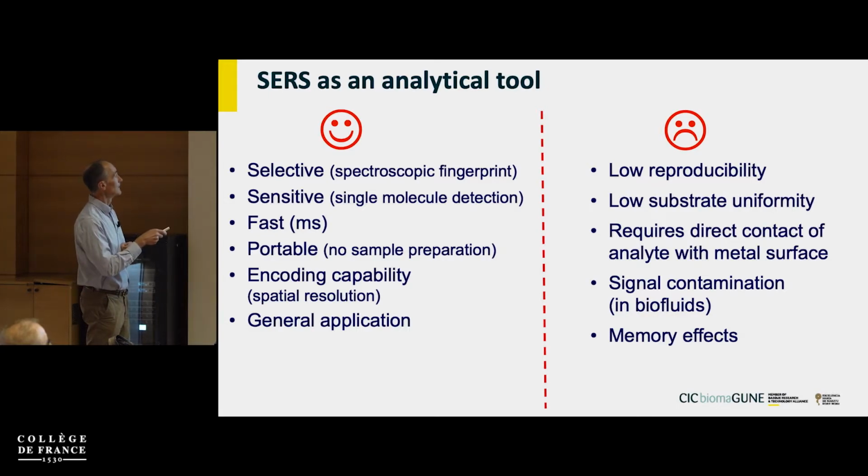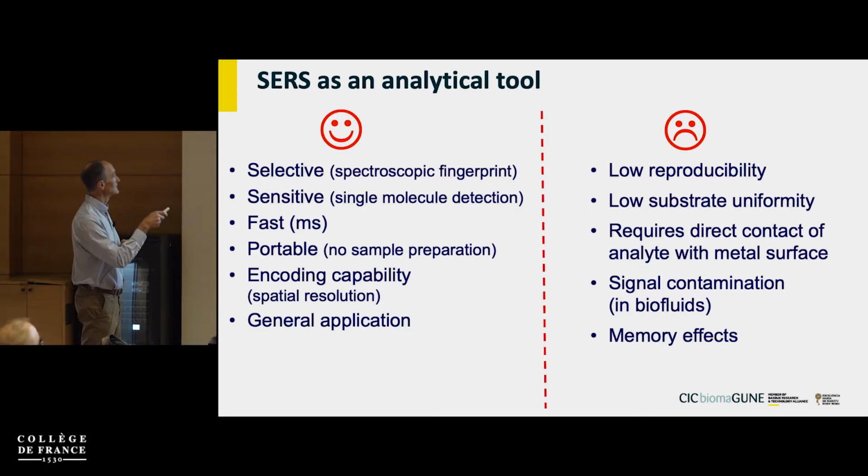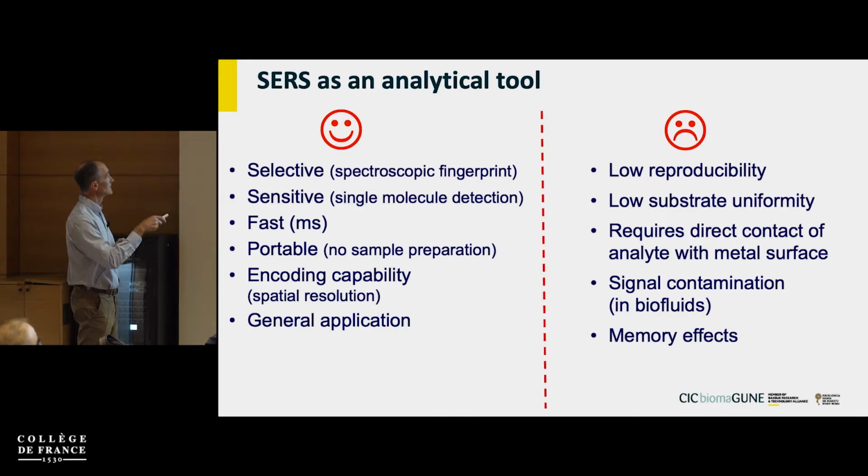And so, the advantages: high selectivity, high sensitivity. You can do very fast measurements if the sensitivity is good. You can even use portable instruments. You can encode particles, and I will also tell you a bit about this later today. And you can apply it to almost everything because almost every molecule has a Raman signal in principle.